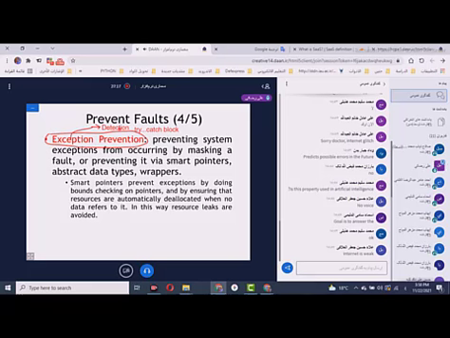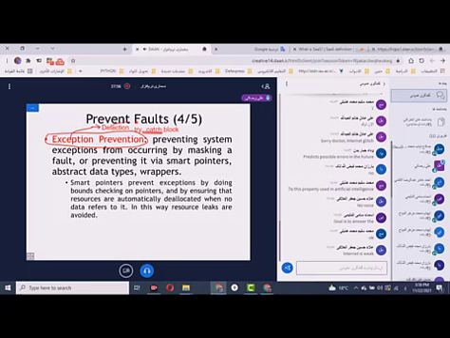In detection, we will be aware of an exception after it happens. So we put some dangerous code, some lines of code that we think may create some kind of exception, in the try catch block, and if that exception happens, we catch it.